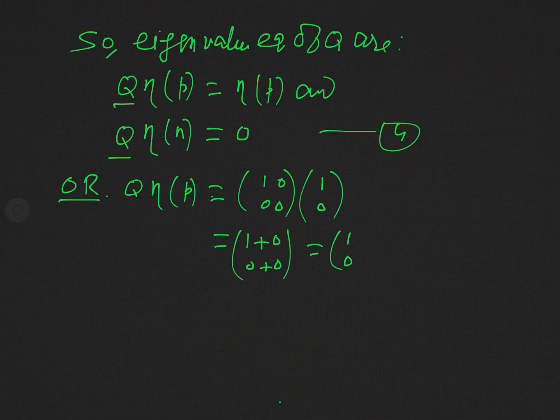So this is simply 1 0, and you know this column matrix is what? This is eta p. In a similar manner, you can test that Q eta n will be equal to 0. I am leaving it as an exercise. In these two ways, you can understand the eigenvalue equation for the operator Q, which is actually the charge operator.